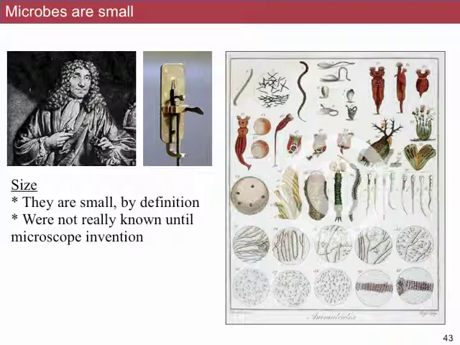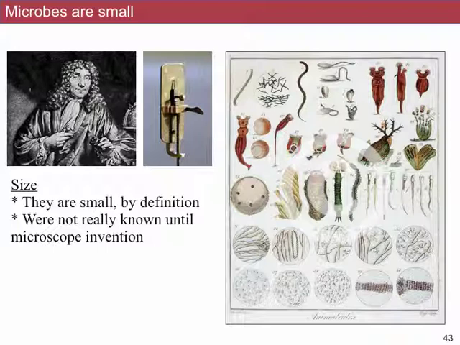I assume you know the general definition, but the definition we're going to use here is that microbes are organisms that you cannot see with the naked eye. Some of the organisms in these clades you can in fact see.